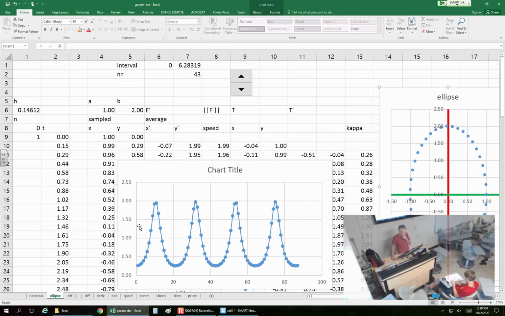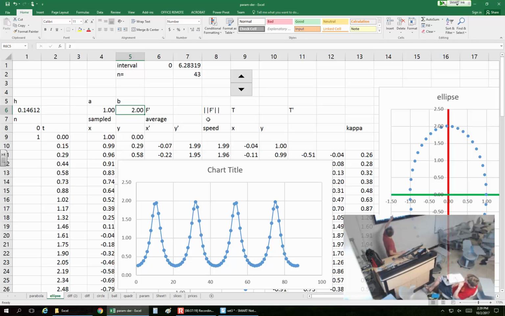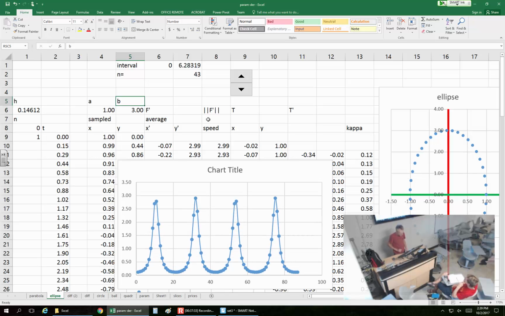Let's see what happens if I put 3 here. So it's 1/2. That's the ellipse. It's stretched vertically, and the curvature runs between 1/4 and 2. Well, let me try with 3 here. It actually runs up to 3.